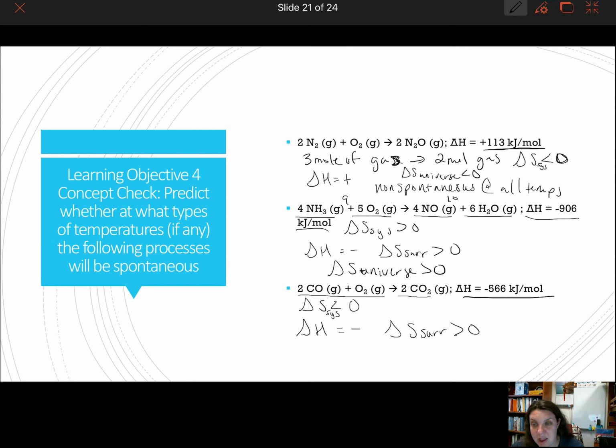So it really just depends on temperature at this point. We want our surroundings to be larger, so we want a lower temperature. At a lower temperature, we're going to have a greater chance of being spontaneous. Okay, we looked at this with delta G as well, same idea.